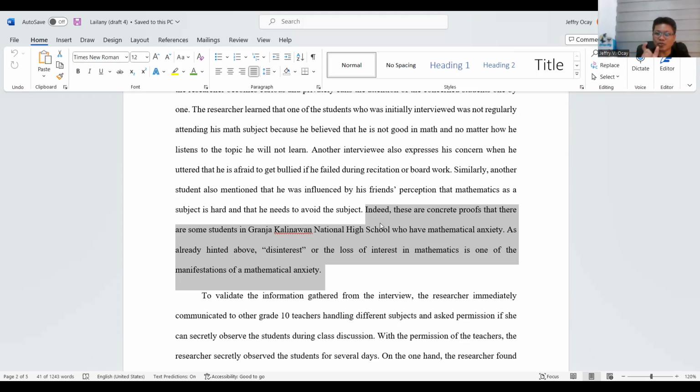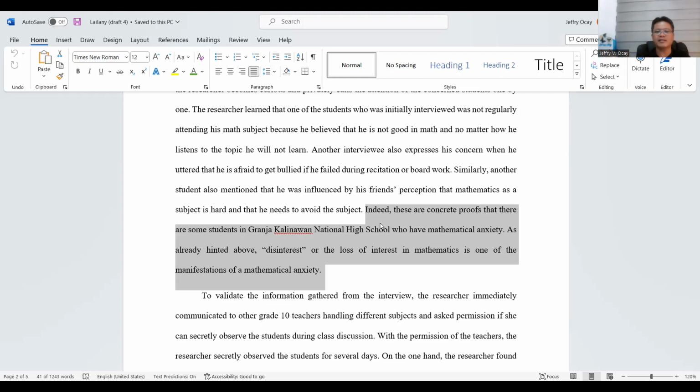So we have to make sure, before the thesis panel or committee approves this research proposal, that there are students in that school who are experiencing mathematical anxiety so that we will have respondents. Okay?